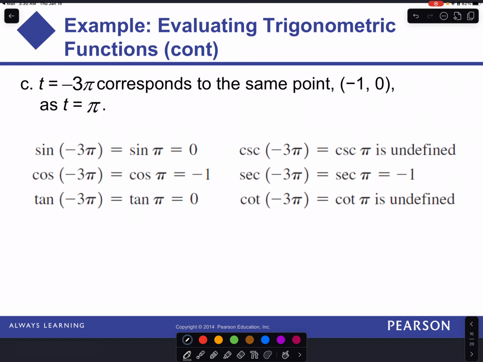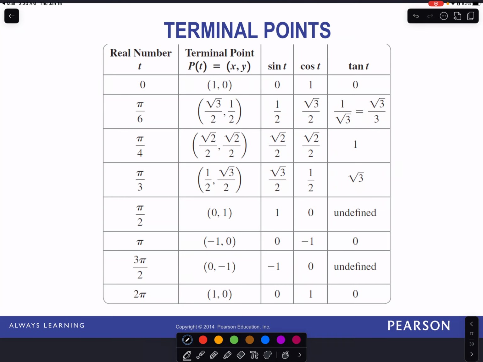Okay, so with these examples, the main thing was identifying that the x coordinate corresponds to cosine of t, and the y coordinate corresponds to sine of t. Once you have sine and cosine, then you can generate the remaining trig functions. Tan is sine over cosine, and the other three are the reciprocals of the previous three trig functions.